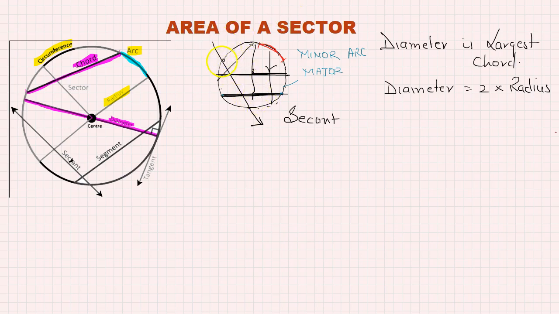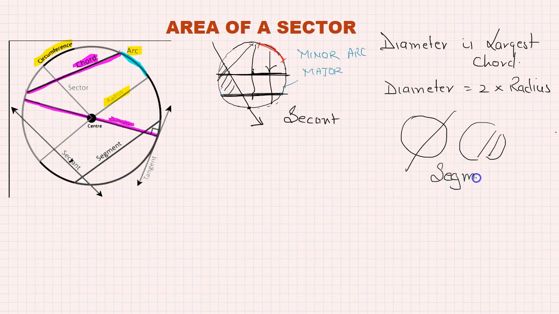So it cuts the circle into 2 parts, and these parts are called segments. If this is a circle, I cut it into 2 parts, and one part is this, another part is this. This is called a segment. The big part is called the major segment, and a small part is called the minor segment.